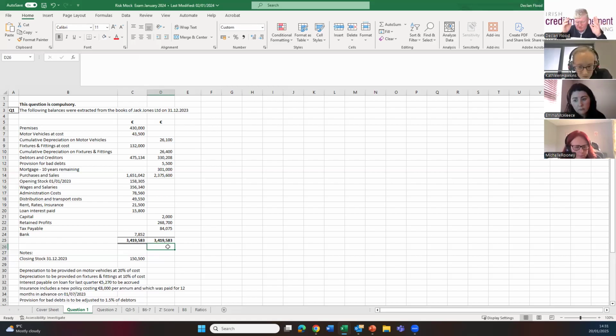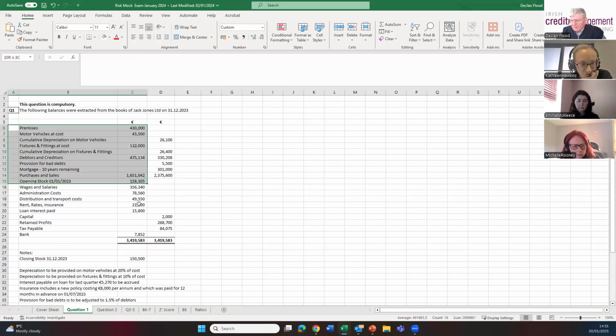The reason, and I want you to understand this, the reason you have to adjust the accounts is that your profit and loss account for the 31st of December 2023, the information that you were looking for is, did we make a profit or a loss for the period from the 1st of January 23 to the 31st of December 23? Okay, did we make a profit in that period? So that's the information that we're looking for. So just keep that in your mind that what we're doing is we are doing this for the period.